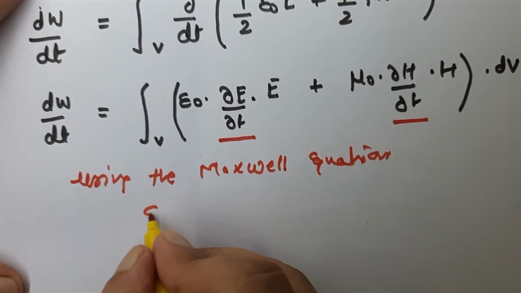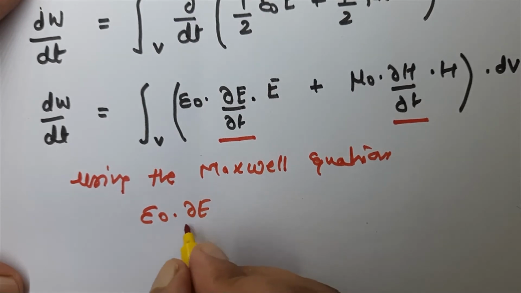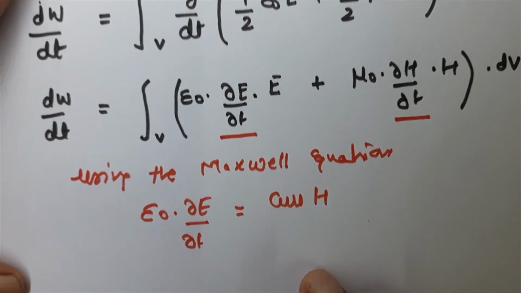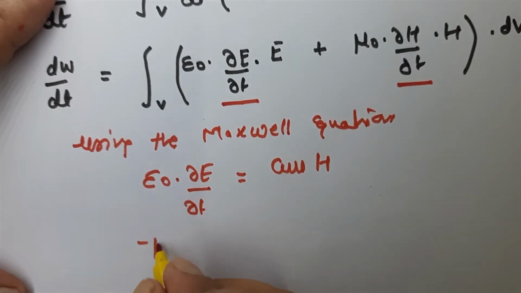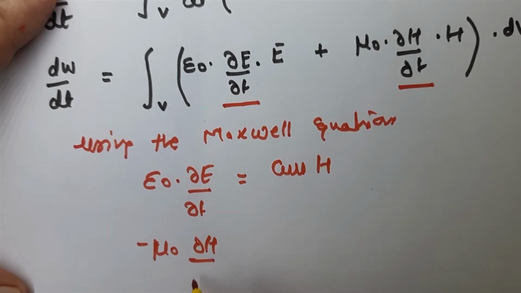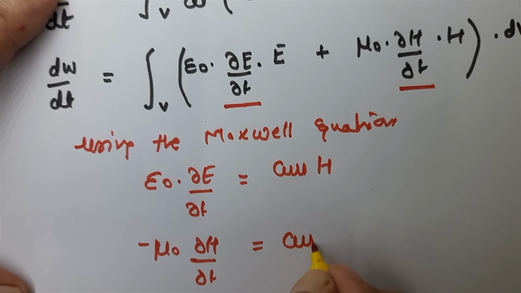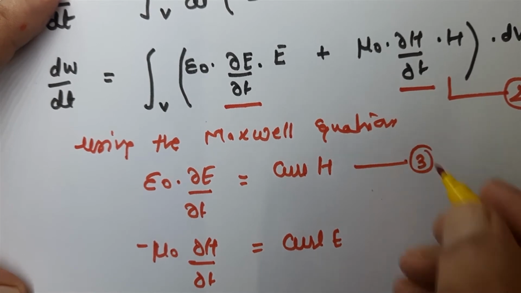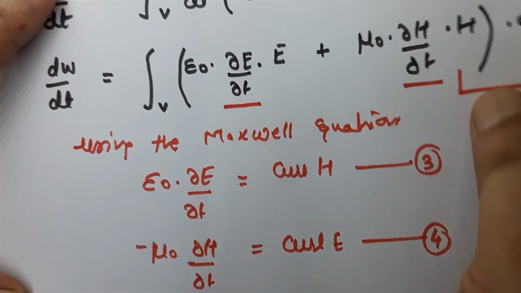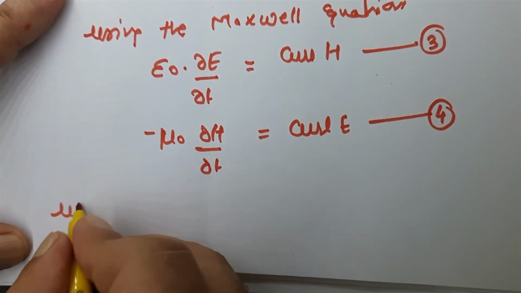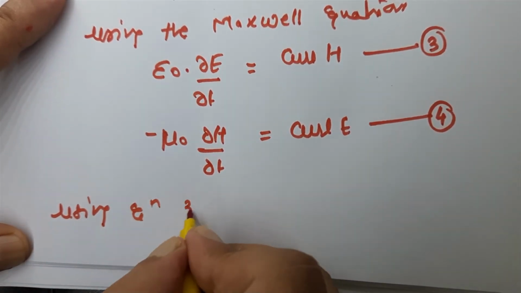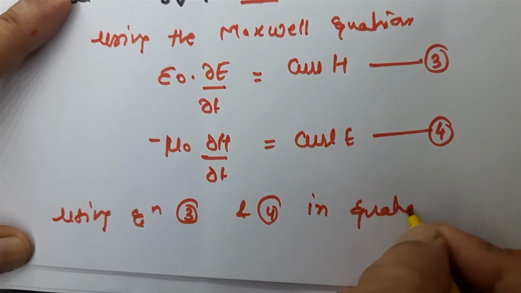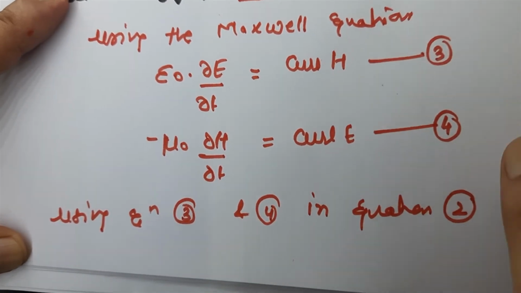According to them, epsilon 0 del E by del T is equal to curl of H, and minus mu 0 del H by del T is equal to curl of E. So I can use equation 3 and 4 in equation 2. I will do that over the next page.